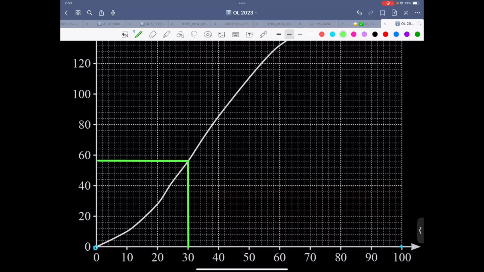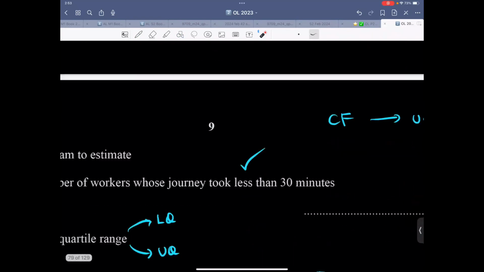So now this value is what? This is 1, 2, 3, 4, 5 squares between 40 and 60. That means each small square is worth 4 units. So 44, 48, 52, 56. So therefore, this answer comes out to be 56.